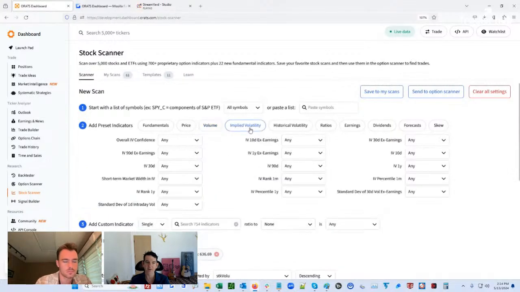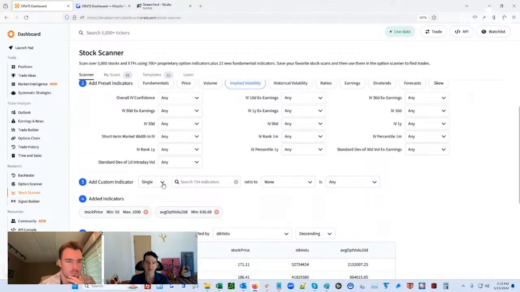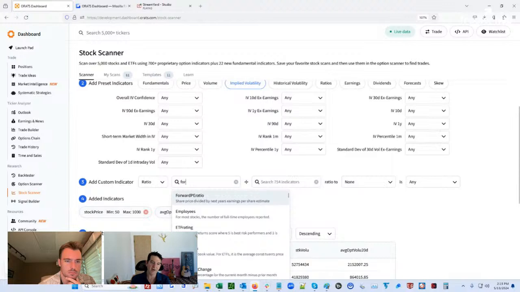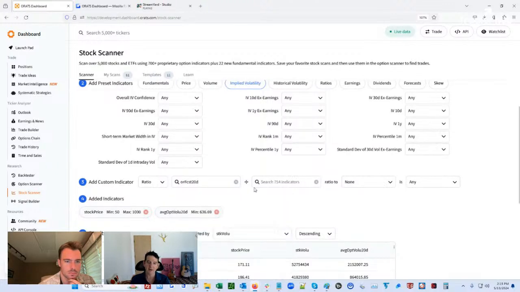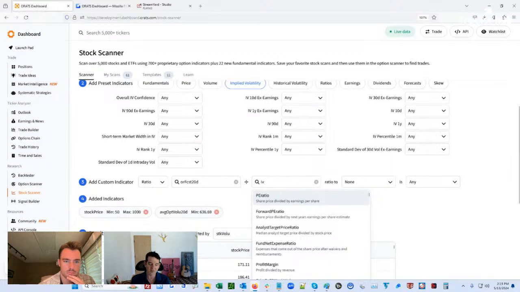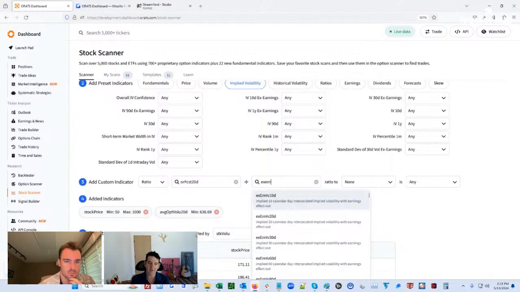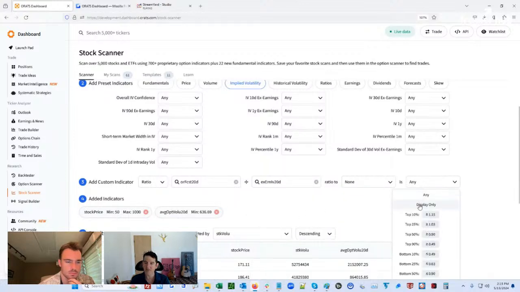Like you said, we want the implied volatility. We could do it this way as a forecast. So the forecast 20-day divided by the IV 20. We'll do the X earnings, 20-day. And that ratio, we'll just display it right now.